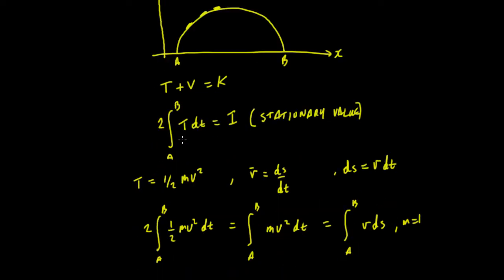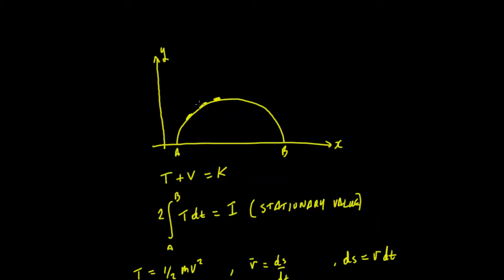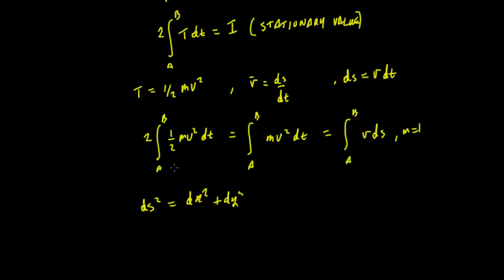Okay, so we've seen this before a few times now, so we can write the small displacement ds squared in terms of our dx squared plus dy squared. So all we're looking at is a small element in here, and it's got a dx term and it's got a dy term, and the element there is your ds. Okay, so we've got that there.